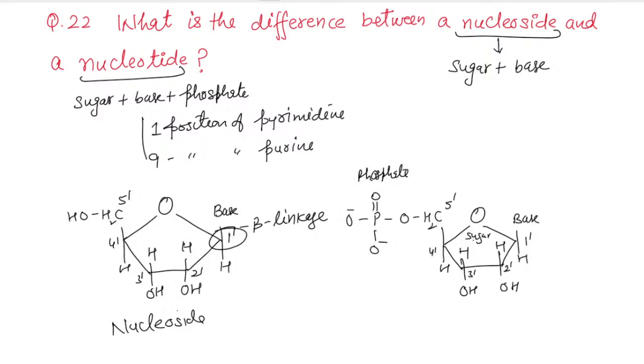So a nucleotide consists of all 3 basic components of nucleic acids: a phosphoric acid group, a pentose sugar, and a nitrogenous base.